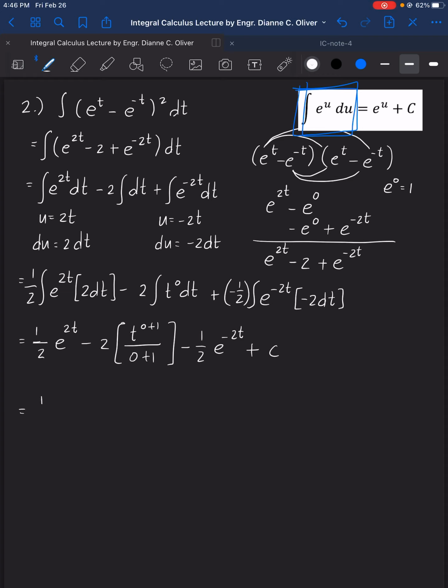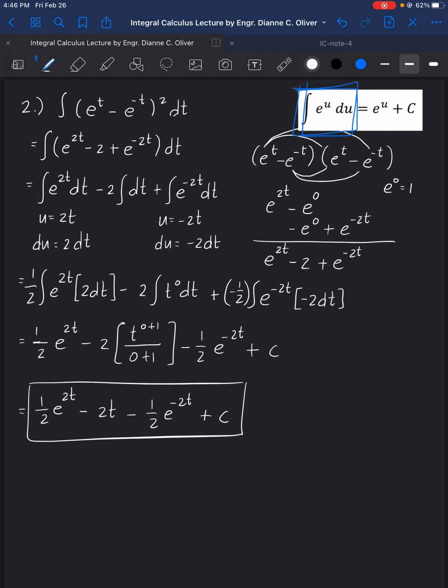Therefore, the answer here is 1/2 e raised to 2t minus 2t minus 1/2 e raised to negative 2t plus c.